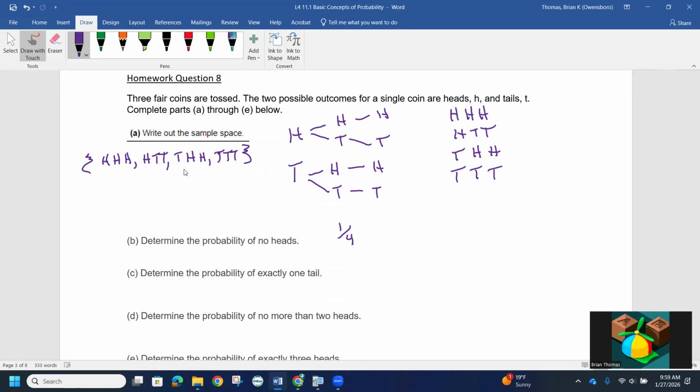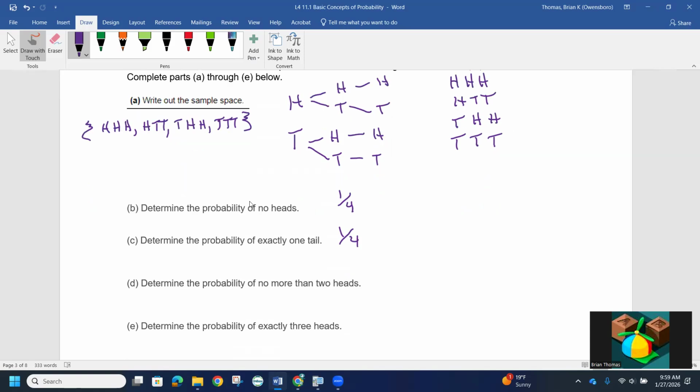If we look for exactly one tail, this would be tail, head, head. That's the only one I see that has exactly one tail. So there's a 1 in 4 chance of getting exactly one tail. The sample space in a tree diagram helped us get that.